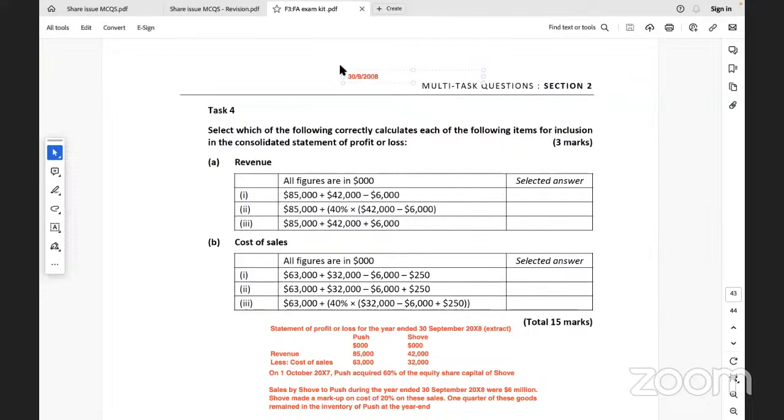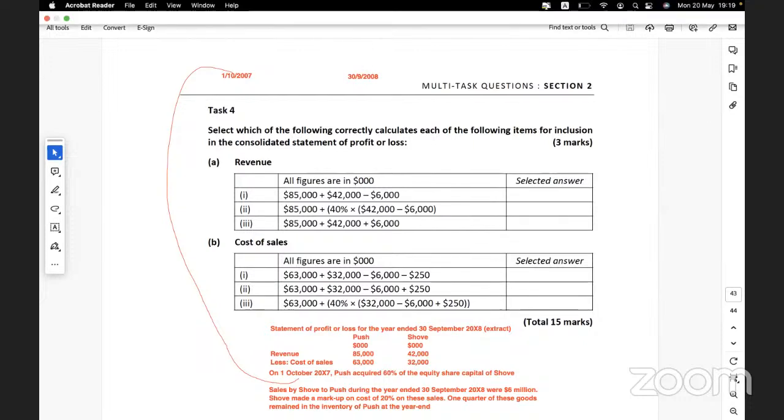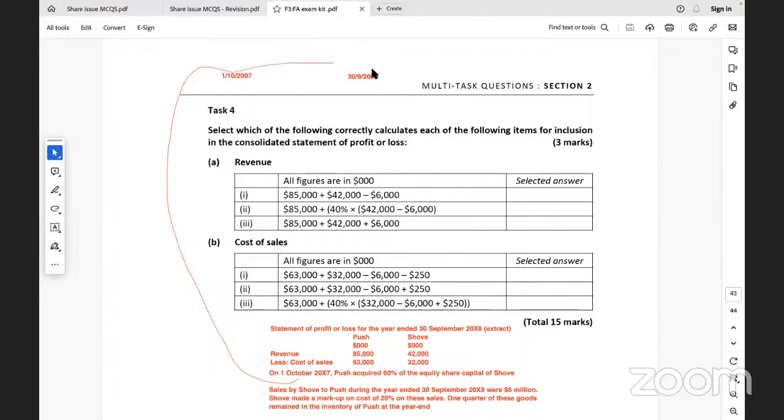That means the question has to start on 1 October 2007, which is the same date as when the company is being bought. Can you see? Company was bought on October 2007. This also is starting on October 2007. So it's the exact same date. So that's good. So meaning from here to here, we have 1 year.